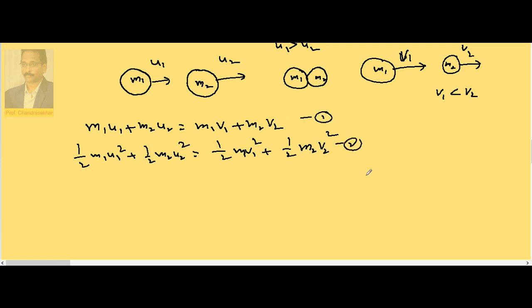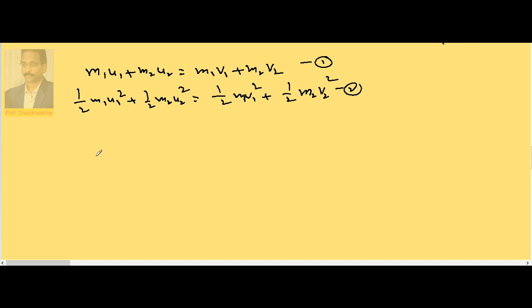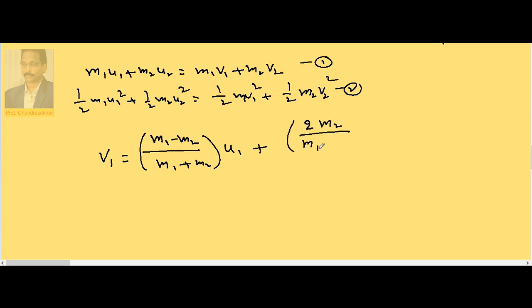If I solve these two, I can prove that the final velocity of the first body after collision is (m1 minus m2)/(m1 plus m2) into u1 plus 2m2/(m1 plus m2) into u2. Similarly, for the second body, bring this term this side.